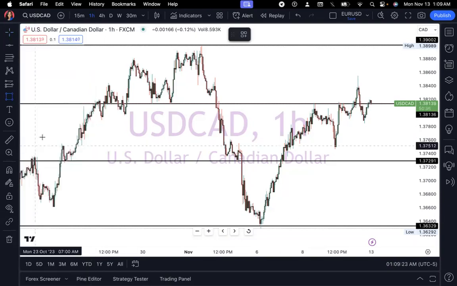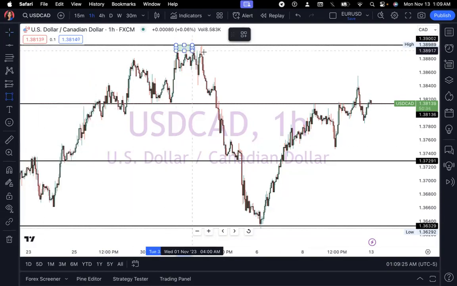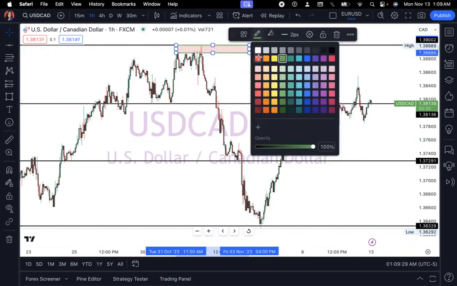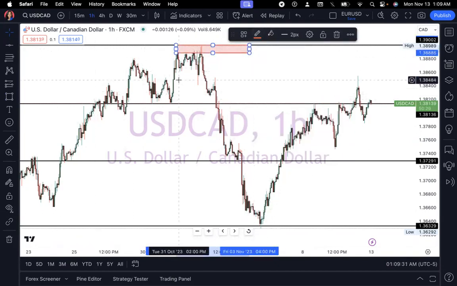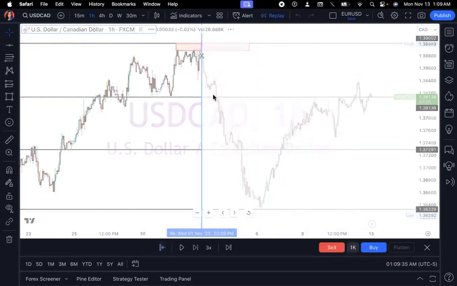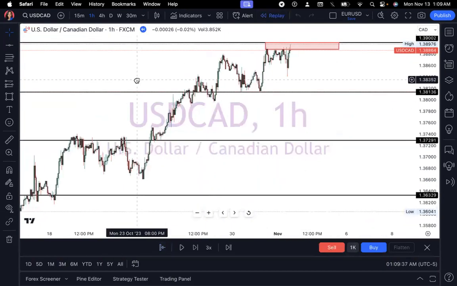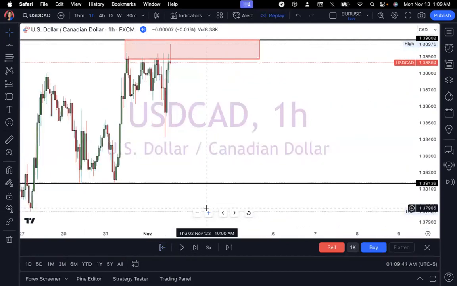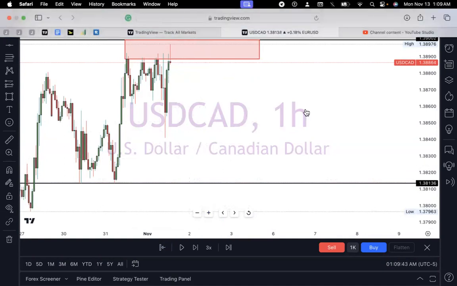Now I'm just going to use my rectangle and highlight this area, and I am going to turn it red just so that we know that we're focused on the sells. Now, if I put this in replay mode, this is what you'll notice and how you'll be able to recognize a supply zone and when the market is setting up for a sell.